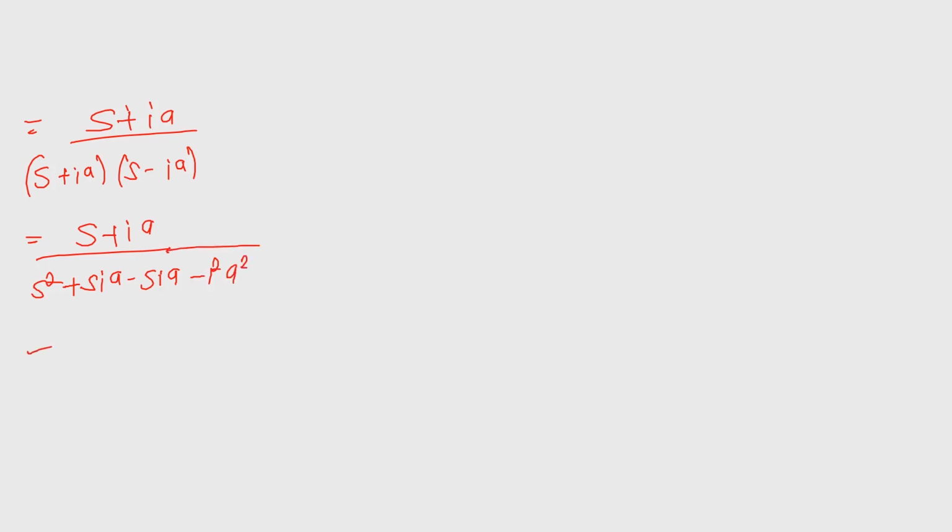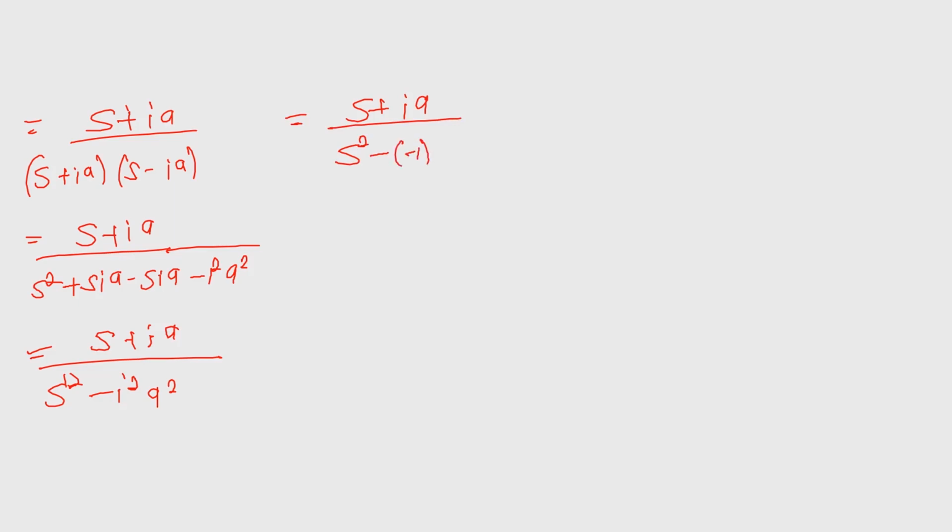Okay, so which is going to be s plus ia over s squared minus i squared a squared. You know that i squared in complex numbers is minus 1, so which is going to be s plus ia over s squared plus a squared.